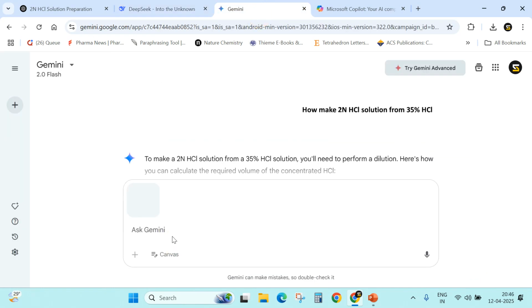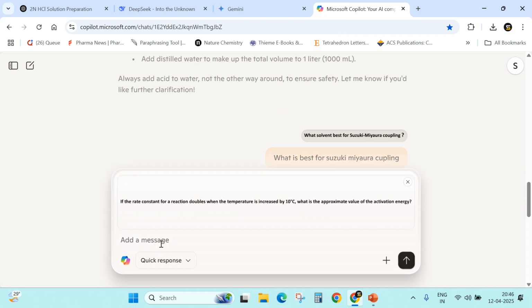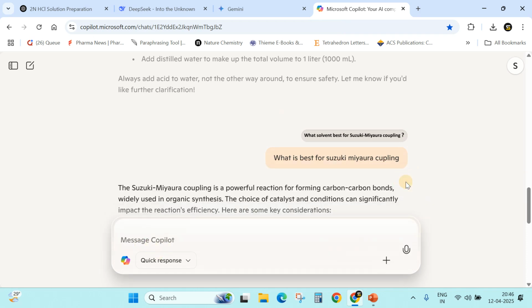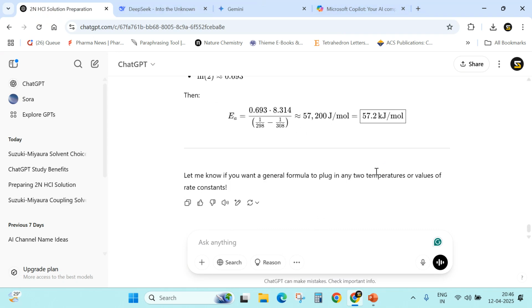Then we will ask Gemini. Let's start with Gemini. Then we could also ask Copilot, but we will not ask Copilot because this is a big question. Let's get the answer.